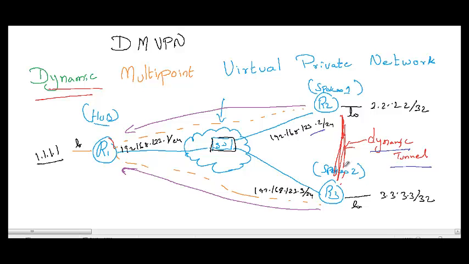So let us have a brush up of what happens here. R2 goes and registers with R1, and R3 goes and registers with R1. Now R1 learns about these two spokes, and whenever R2 wants to go to R3, it doesn't know where R3 is.